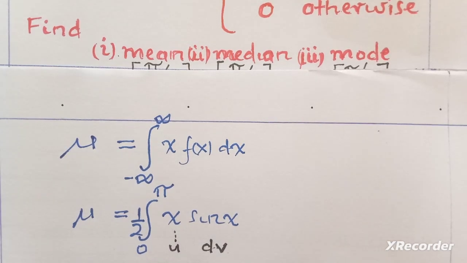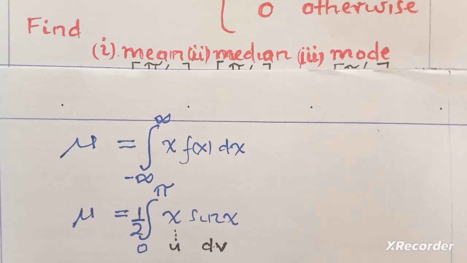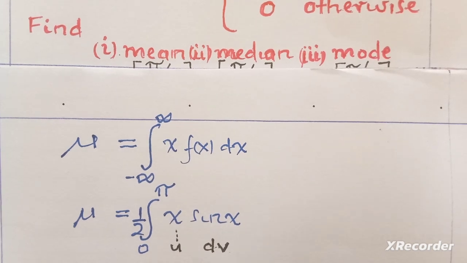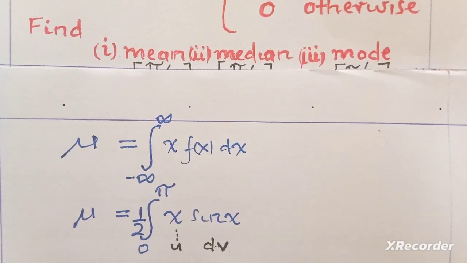For the differentiation of u, we can write du, that is d over dx, gives us 1. Guys, this is the short way of writing differentiation without having to write dx.